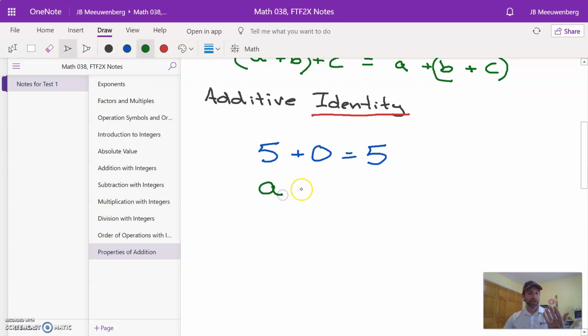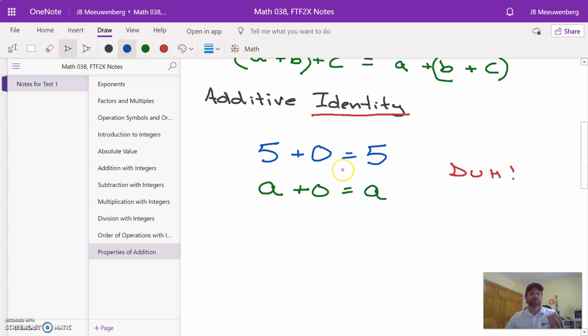Any number, A, we'll call it A, plus 0 is equal to A. And this is where you might be saying, duh, that's obvious. Yeah, it is obvious, but it is a mathematical fact that it's a property, right? It's like a mathematical law. It's going to be helpful for doing other things. And so I'm going to be coming back to this and reminding you of this additive identity property.